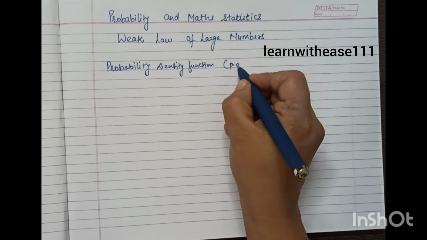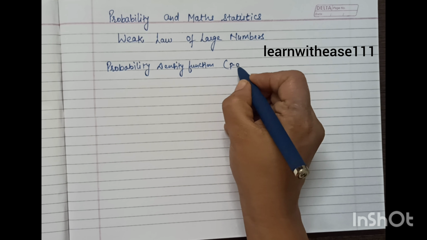So it is any function f defined from the set of reals to the positive reals. This is said to be a probability density function if it satisfies these two conditions.